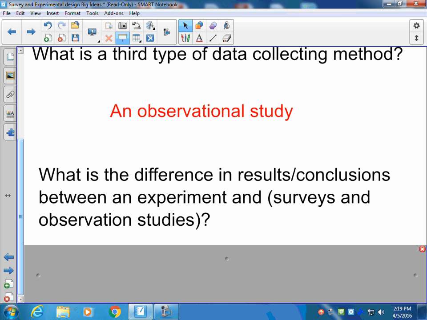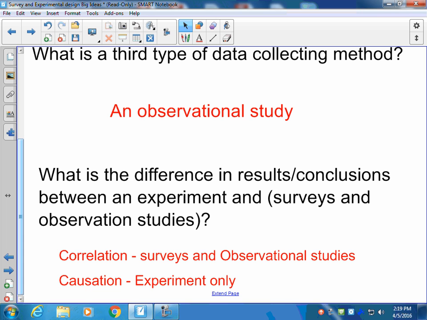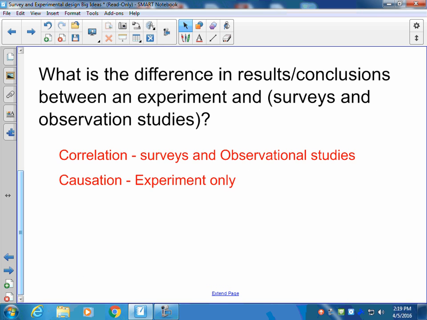What we want to understand is that if it's a survey or an observational study, all we can do is find a correlation between the variables, that these two things show a relationship between them. Causation truly needs an experiment to be able to prove that.